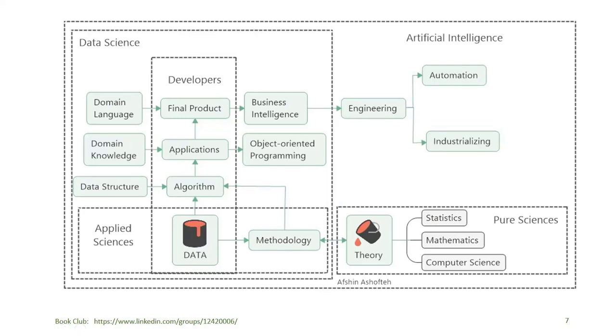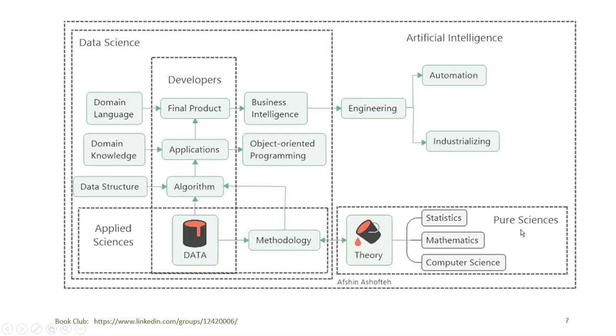We can say that the methodology is how to apply the theory in the real world. So we make some methodologies here. We can use the data to make the methodology and also the theory. From the methodology, we make some algorithms. So the algorithms come from methodology, and methodology comes from theory.